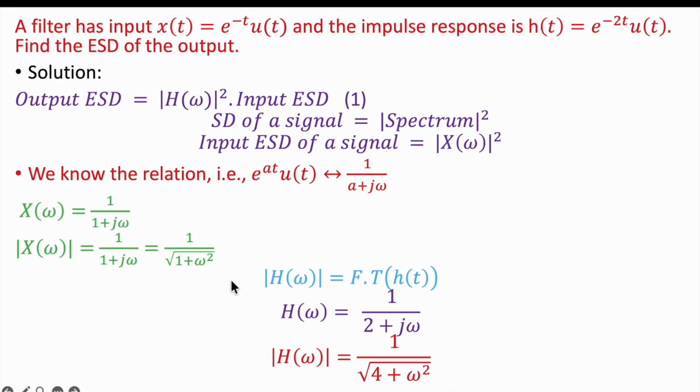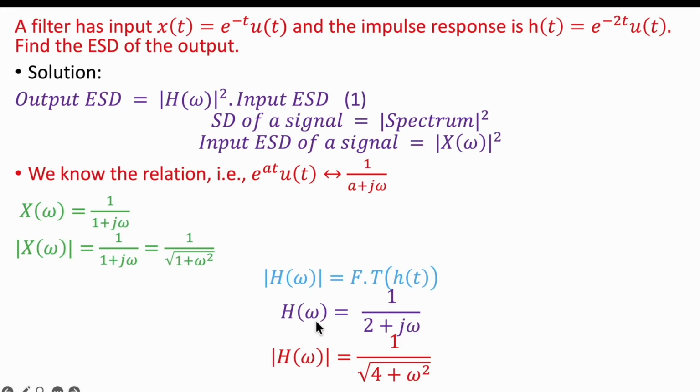Similarly, you can calculate the impulse response H of omega using the Fourier transform of h of t. Using the same formula, H of omega equals 1 over 2 plus j omega, because if you see h of t, here a is 2, and the remaining is j omega.